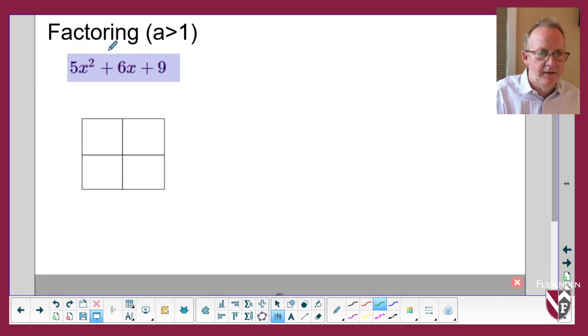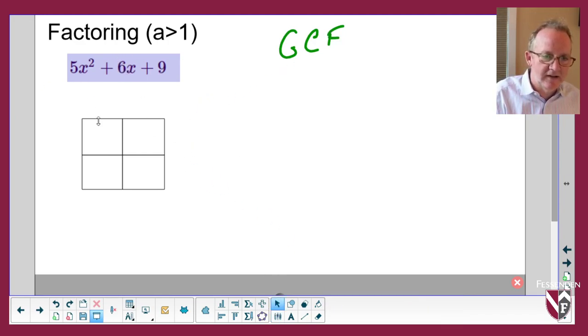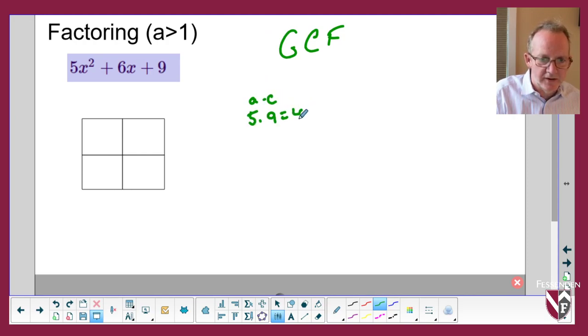All right. Any GCF we can take out here? Don't think so. So what we're going to do, you could try guess and check, but I'm going to go to A times C, and that's 5 times 9 is 45. Everything is positive, so we're going to stay positive. I need two positive factors of 45 that add to 6. Well, that seems weird.